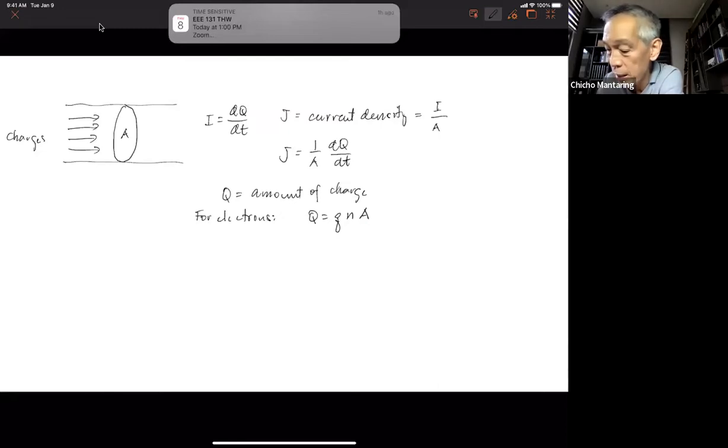So for example, let's say we're considering this volume. Let's say this is X. So multiplied by X.